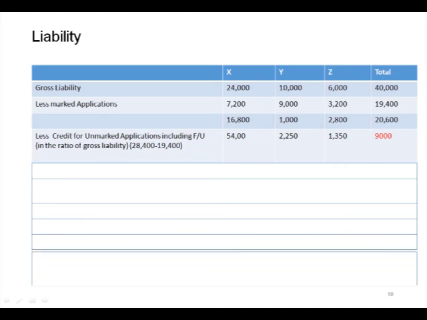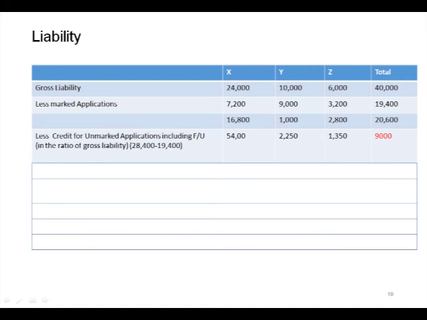Now we shall give credit for unmarked applications including FUs in the ratio of gross liabilities, that is 28,400 minus 19,400.